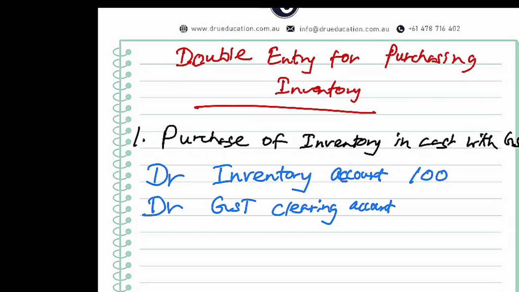No. Only the ATO can put it in its pocket. We are collecting GST on behalf of the government, so we don't have any moral or legal right to keep it. We have to forward it back to the ATO. Then it becomes a liability.